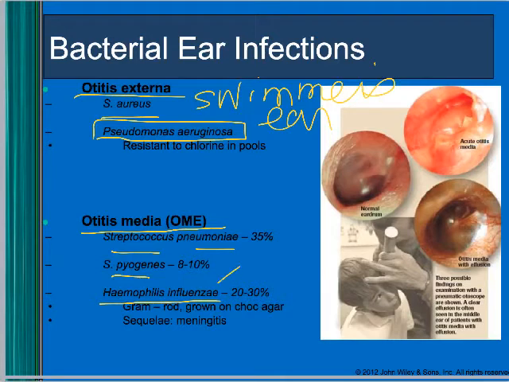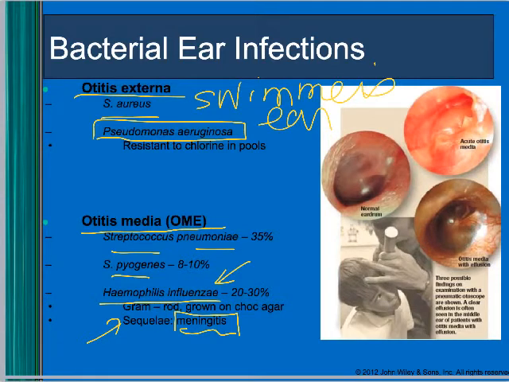It's named that because they were trying to figure out what was causing the flu, the influenza. They kept isolating that from people, but it turns out flu's viral. Now, a sequela from having a middle ear infection in little kids could possibly be meningitis.